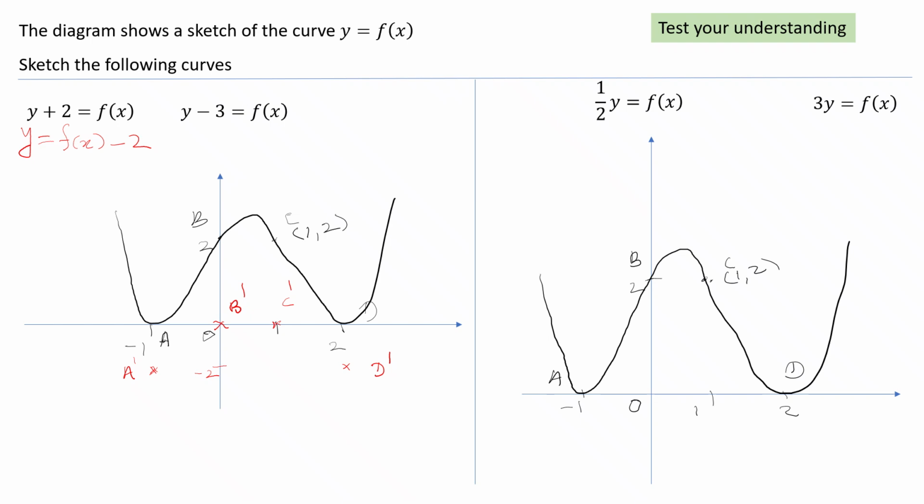So now draw the graph. The new graph is like this: y equals f(x) minus 2.